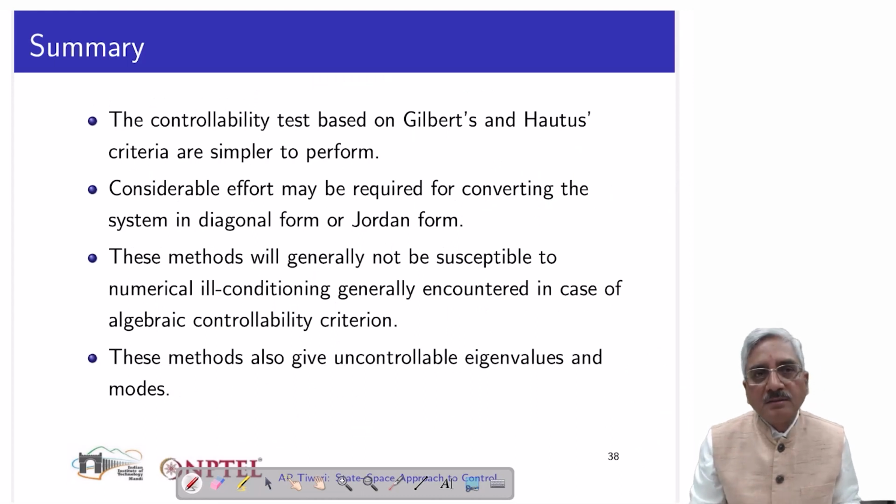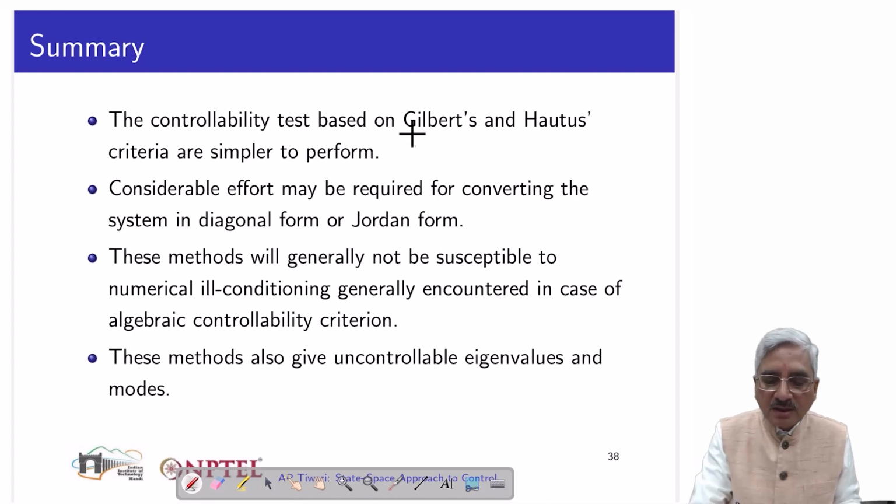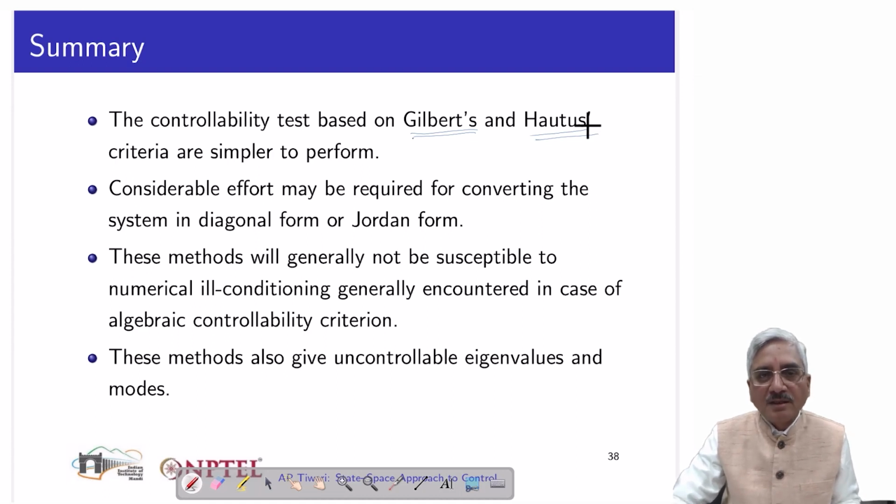We summarize this lecture. As we have seen, the controllability tests based on Gilbert's and Hautus criteria are simpler to perform. In Gilbert's case, it is just by inspection. In Hautus' case, it is by determining the rank of a much smaller matrix than the controllability matrix.